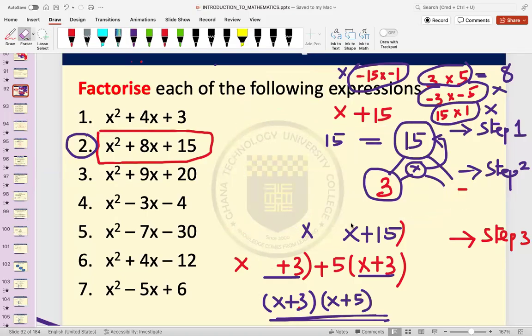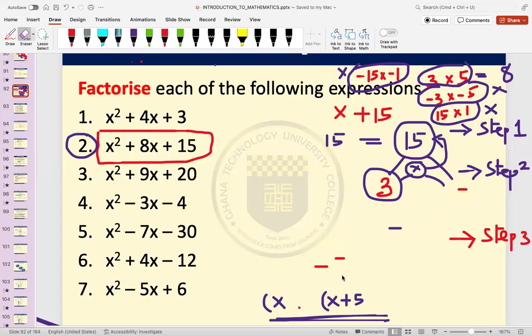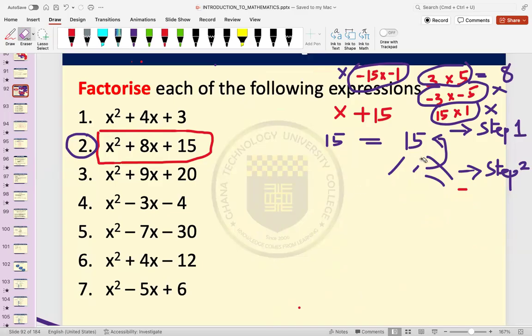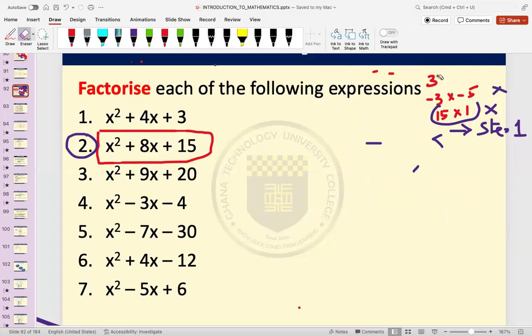And then we pick the third example, which is x squared plus 9x plus 20. And we apply the same 3 steps to it to package the number into 2 factors, factor 1 and factor 2.